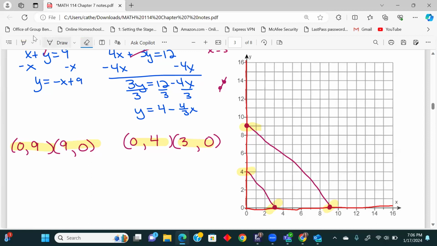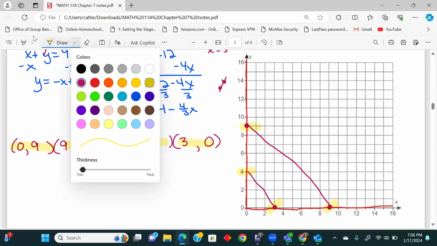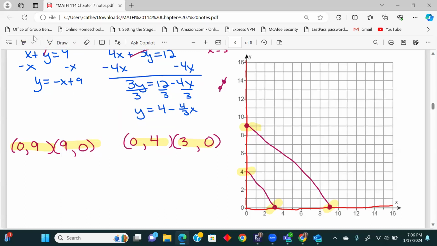All right. I'm just going to use the draw tool. Let me get a lighter color. All right. So x is greater than 0 and y is greater than 0. So that means everything in here. Those are the two easier ones.